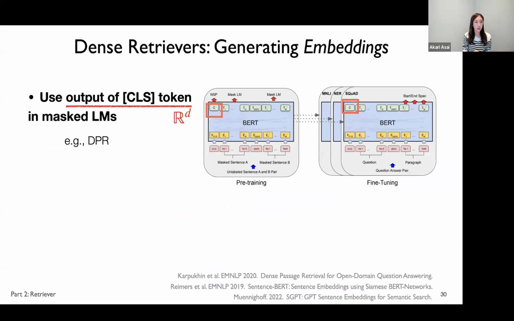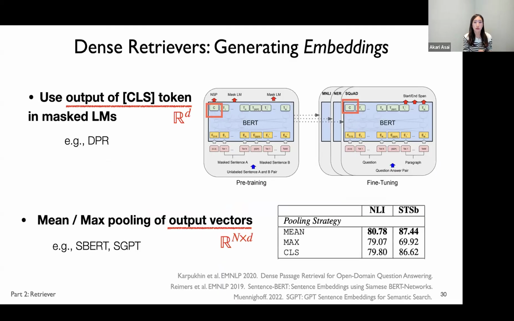There are multiple ways to generate such dense embeddings. I believe you have learned about encoder-only masked language models like BERT, and one common approach is to take the output representation of the CLS token of such models, which is already a d-dimensional float vector. Another popular approach is to take mean, max, or average pooling of the output vectors for the entire output token sequence.